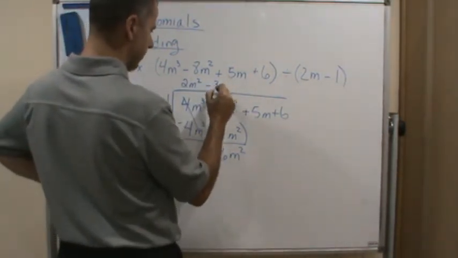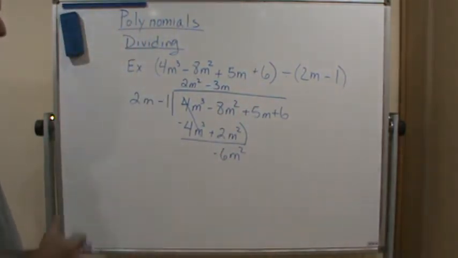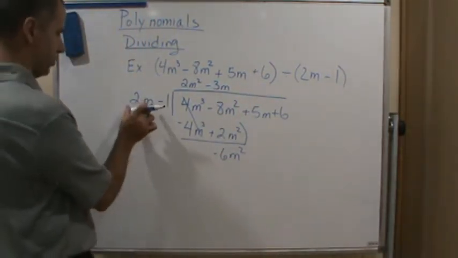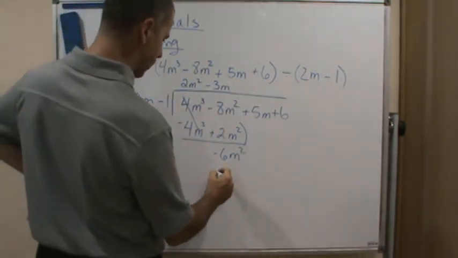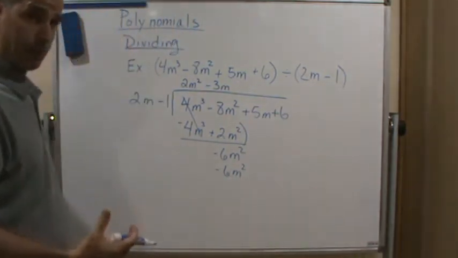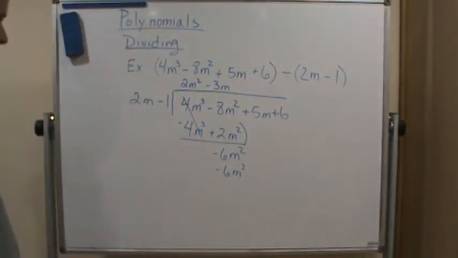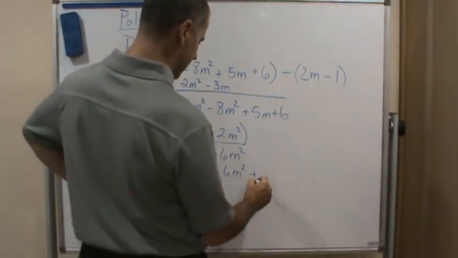So minus 3m. Now I'm going to multiply. 2m times this gives me a -6m squared, which is exactly what I expect to get, because I manufactured this on purpose. Now I'm going to take -1 times this, and it gives me a plus 3.